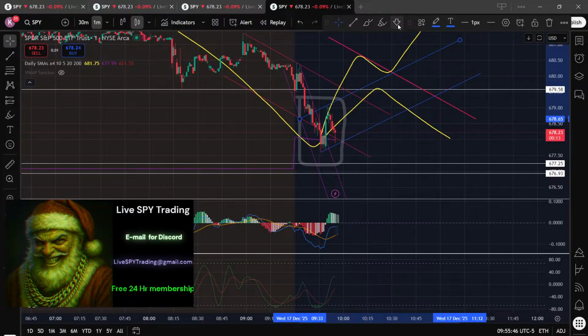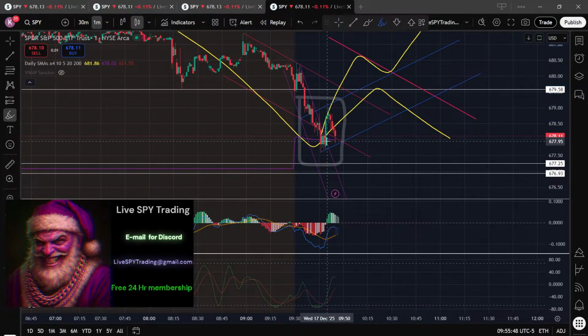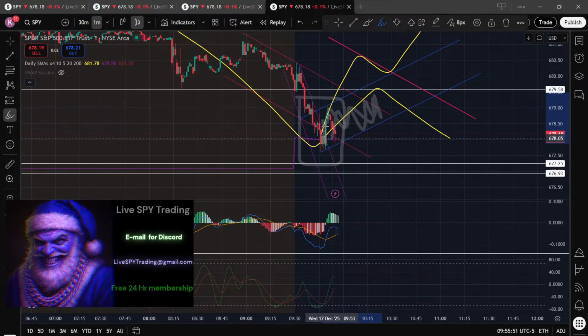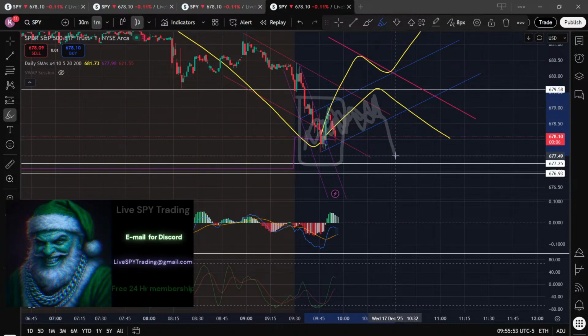All right, let's see if we get some nice liquidity built up in blue, right? If we get some nice liquidity built up in here, if we get some motion like that, we're going to look for the break.